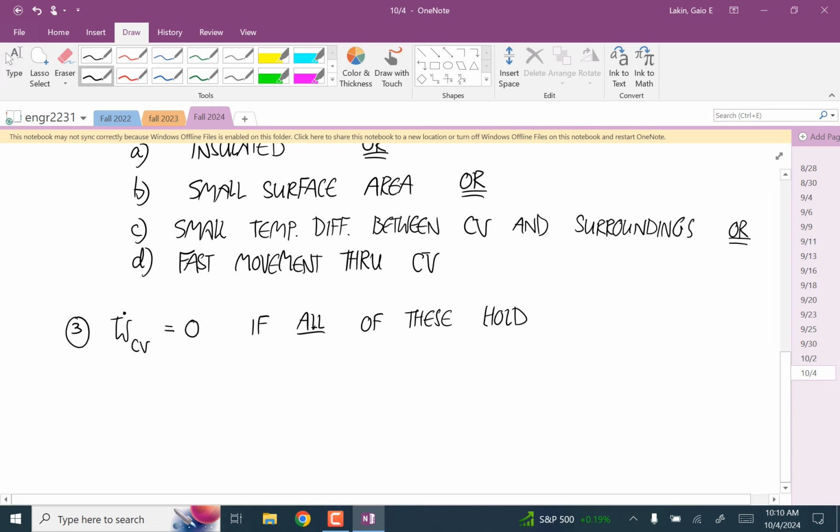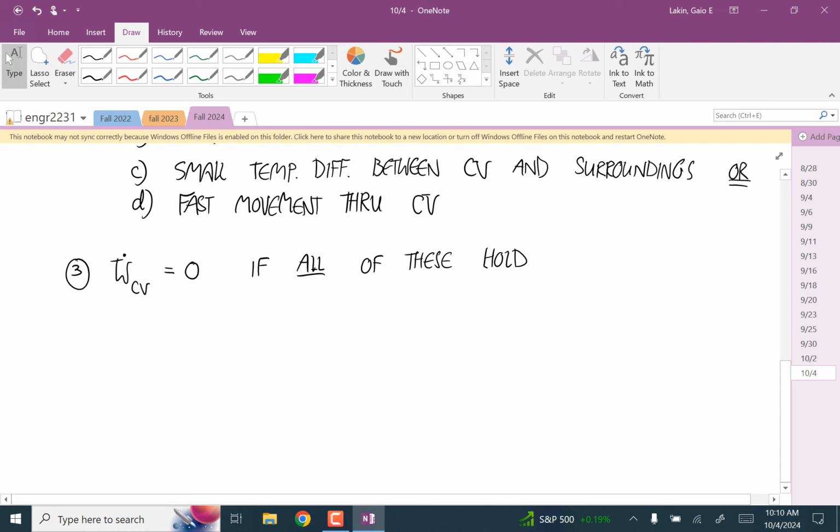And so now we're trying to figure out when the control volume doesn't do work on the surroundings, but let's see, 3 of these have to hold for that. So first is if the device is rigid.